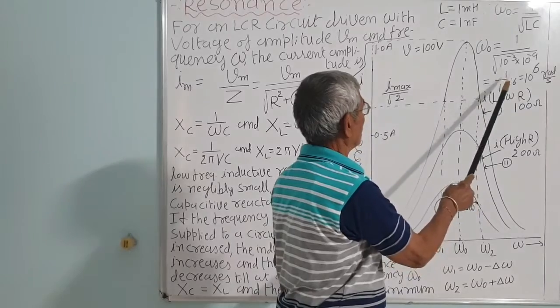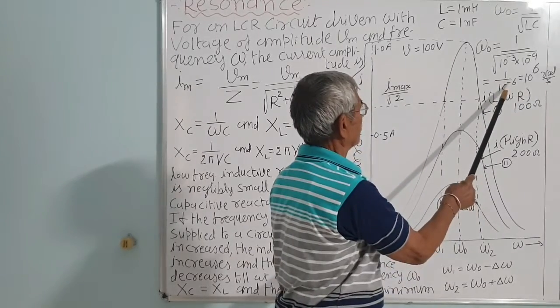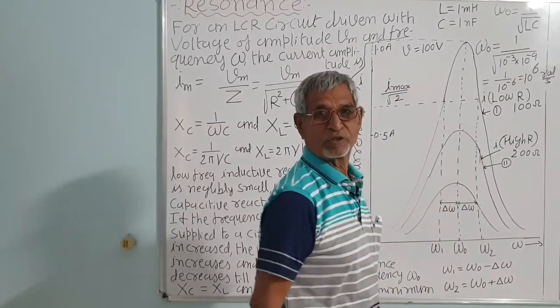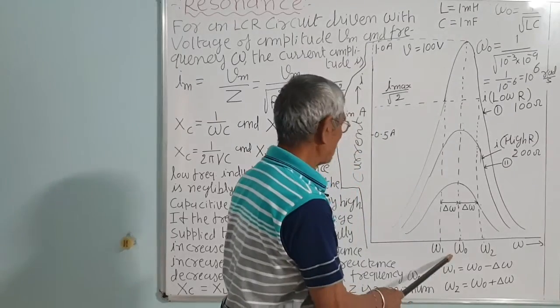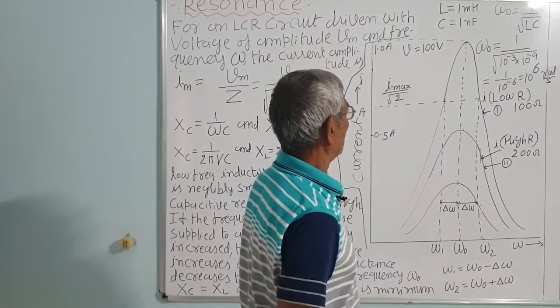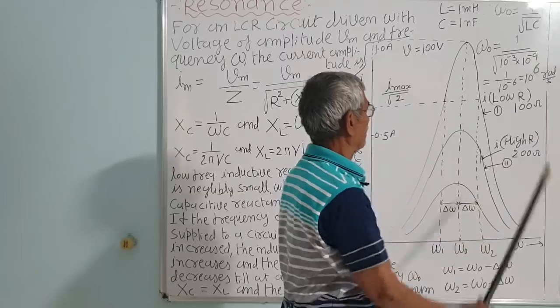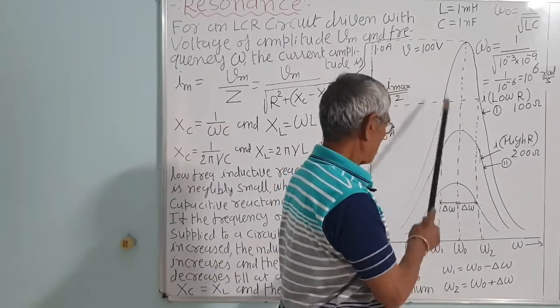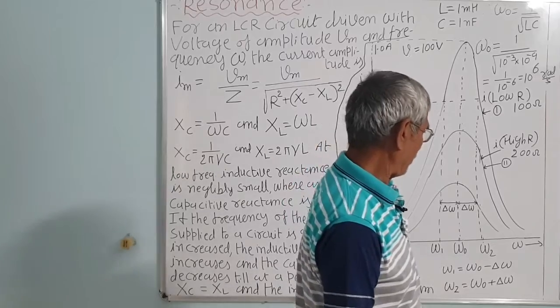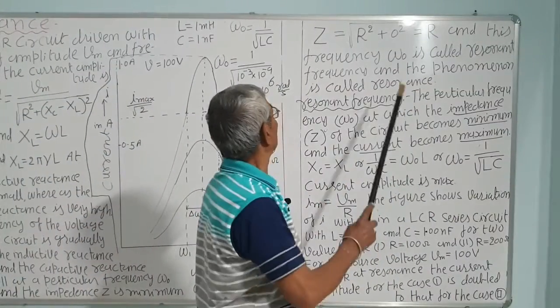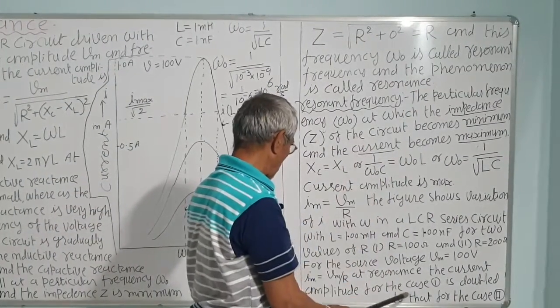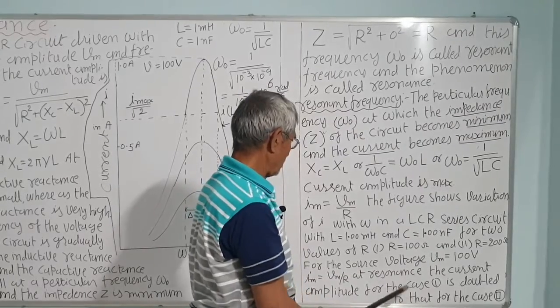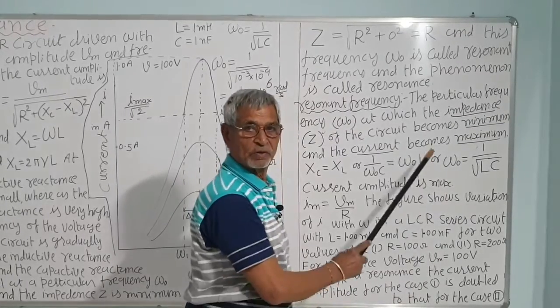Square root of 10 raised to minus 12 is 10 raised to minus 6. If we take the reciprocal, it is 10 raised to 6. This is the value of omega 0. Omega 0 is 10 raised to 6 radian per second at the resonance. You can calculate it, correct? They cancel each other. This portion is already explained in the earlier theory, so you can take down the note.